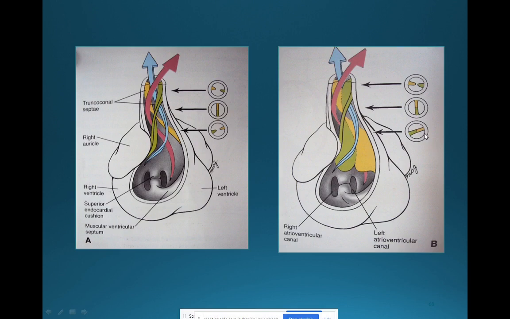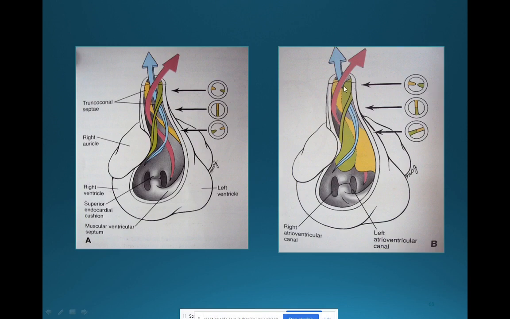So here, this is the pulmonary trunk. This is the aorta. This is the lumen of the pulmonary trunk, the blue one, denoting the blood flow from the pulmonary trunk. Posteriorly, you cannot see anything here because it is hidden. So this is the aorta. Again, over here, on the right side it is the aorta, on the left side it is the pulmonary trunk.